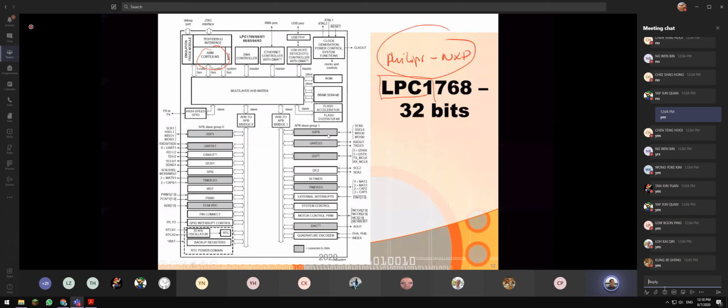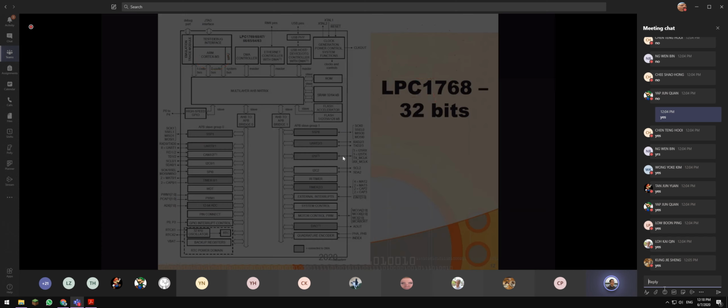Microchip is just Microchip. Like ESP32, it is not using ARM, they are using their own chip called the Xtensa chip. Okay, so let's move on.